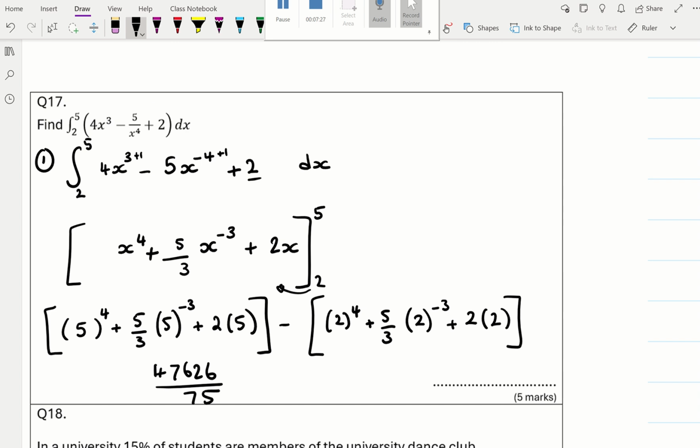You do the same with the other one, and you get minus 485 over 24. Then you do your subtraction, and you get 614.805. Okay.